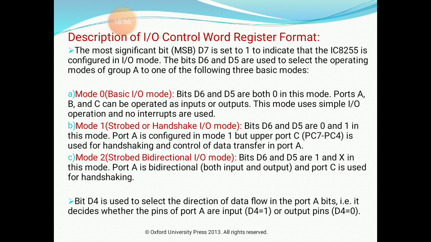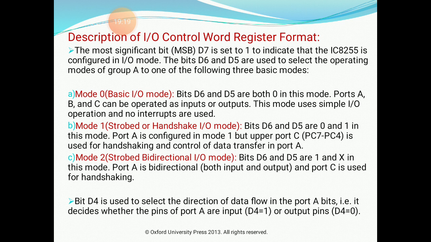In this mode, bits D6 and D5 are both 0. The port A, port B, port C can be operated as either input ports or output ports. In this mode, no interrupt signals are used. It is also called simple IO mode.